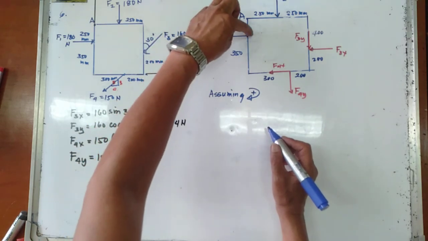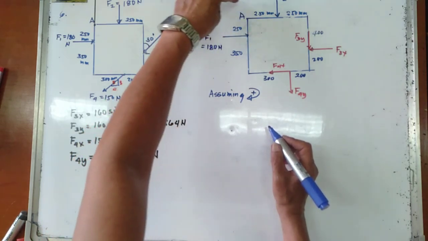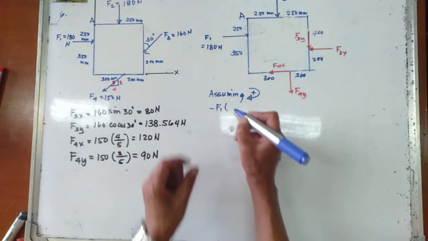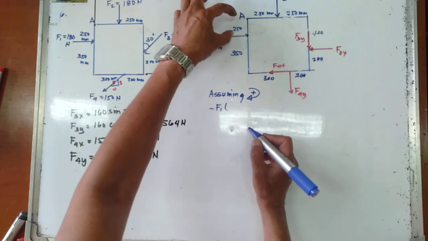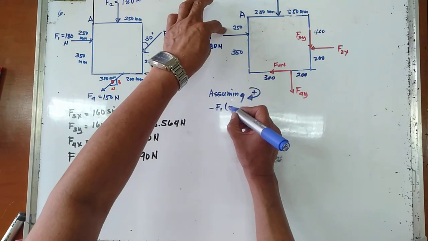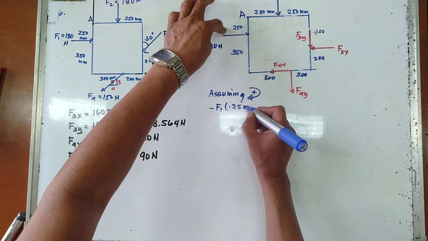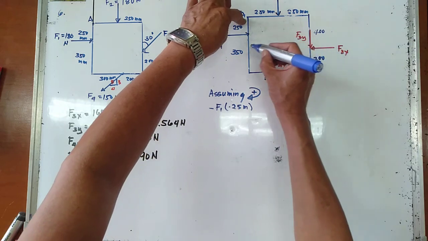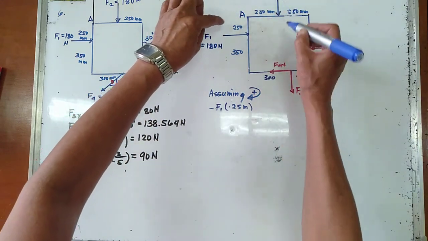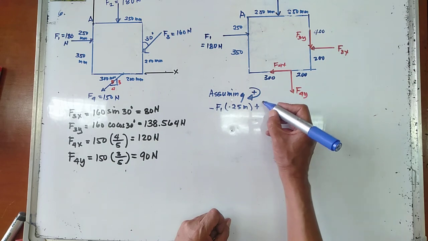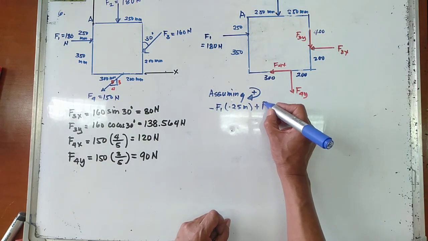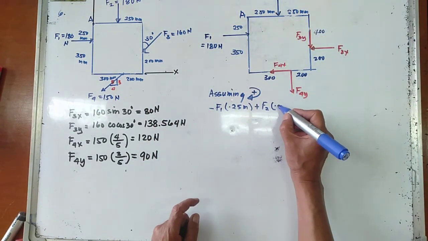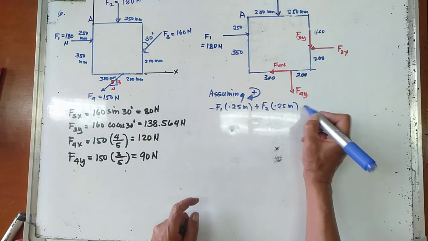F1 is going counterclockwise, so it is negative F1 multiplied by 250 mm, or that is 0.25 meters. Now, F2 is going clockwise about point A, so we have positive F2 multiplied by 0.25 meters.